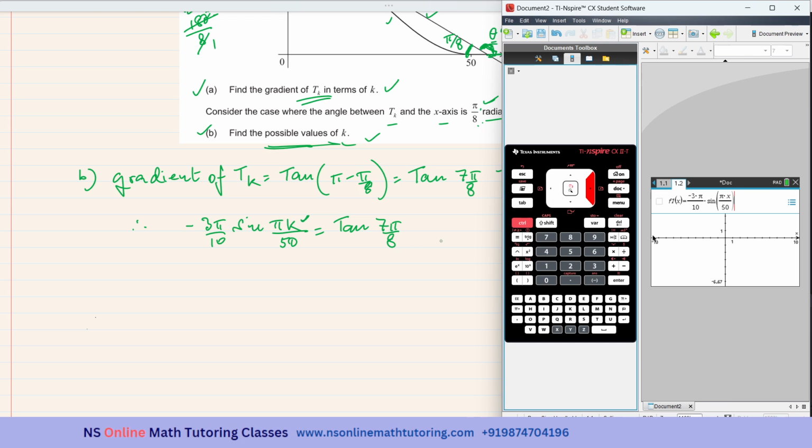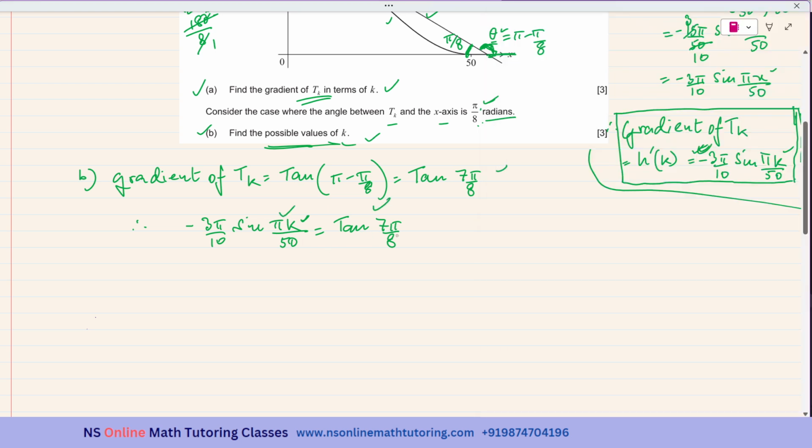Okay, and you can graph these two separately, and you can get the intersection points. Or else you can write this equation as minus 3 pi over 10 sine pi k over 50 minus tan 7 pi over 8 equal to 0.